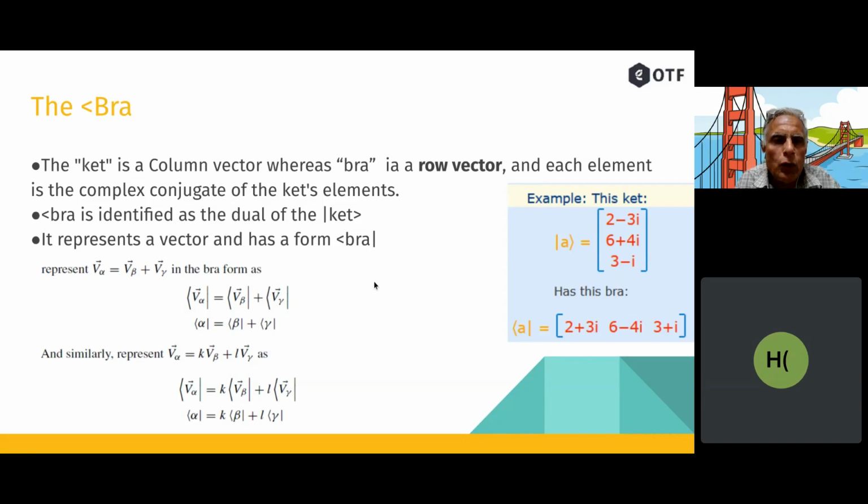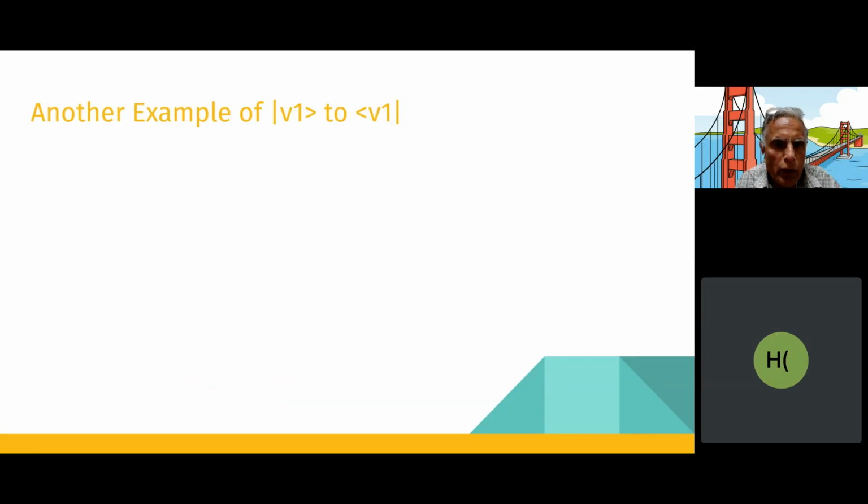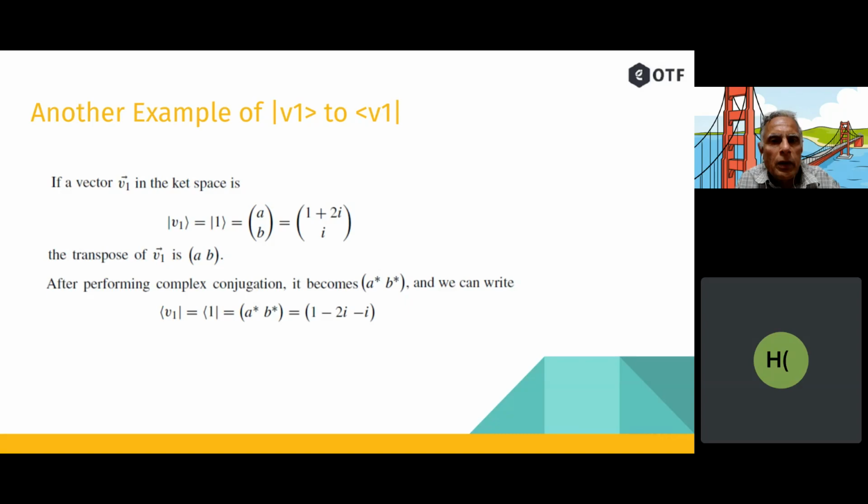Now let's go to the third one, which is very important, most important. This is just a representation of V1 ket and V2, V1 bra.